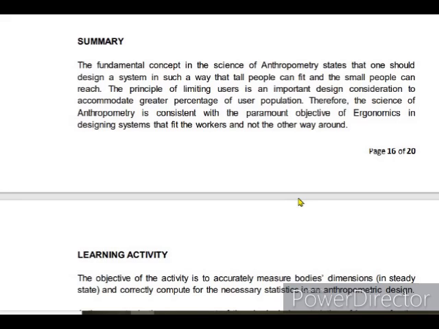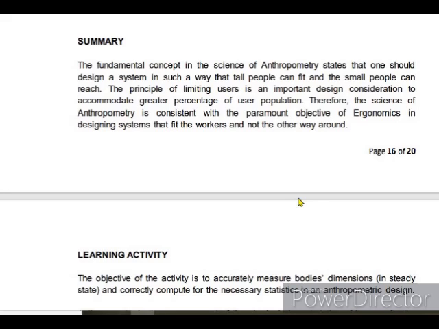For the summary, the fundamental concept in the science of anthropometry states that one should design a system in such a way that tall people can fit and small people can reach. The principle of limiting users is an important design consideration to accommodate a greater percentage of the user population. For example, when you are getting manpower, you should come up with characteristics, like telling your human resource department to hire workers at least 5'5" in height.